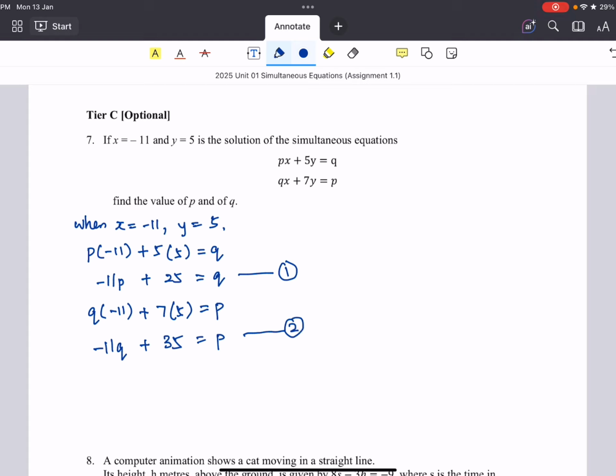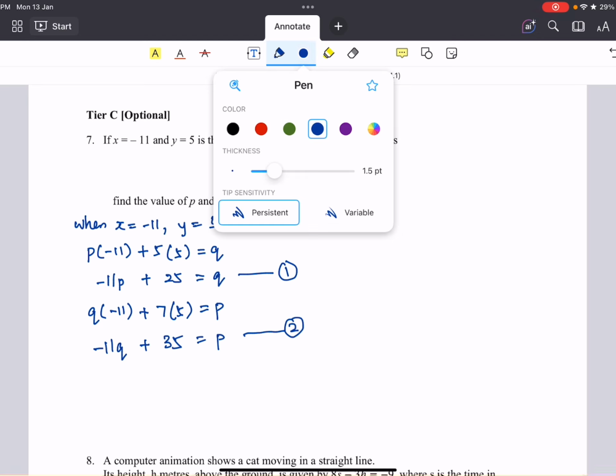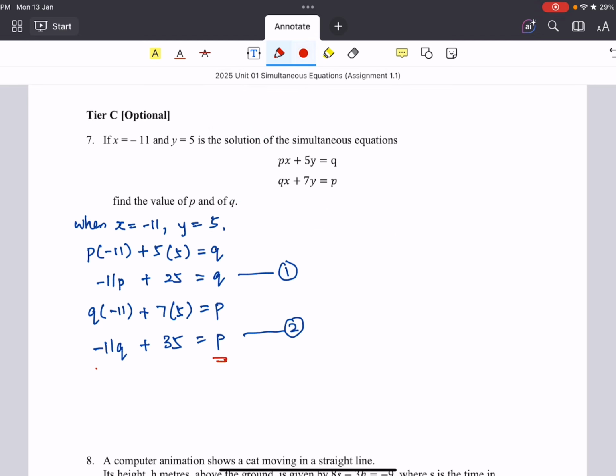So what happened is p here can be substituted with negative 11q plus 35. So I'm going to do just that: I'm going to sub equation 2 into equation 1. Let's see what happened. So negative 11, my p is negative 11q plus 35, then plus 25 equals q.